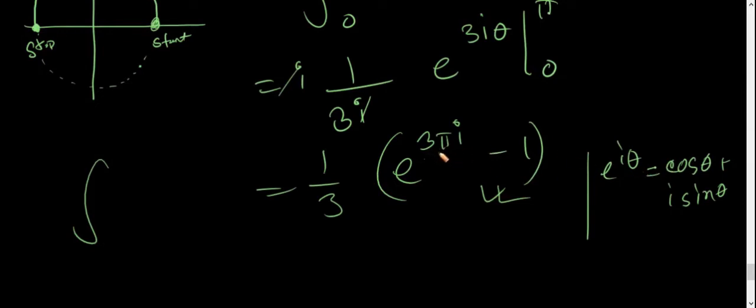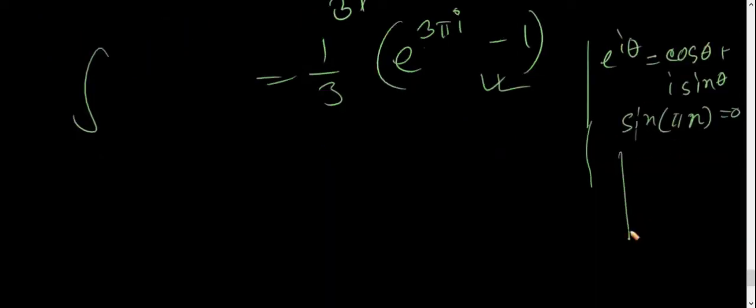Obviously you can see that when this 3 pi goes into the sine part, that is sine 3 pi, we know that sine n pi, when n is an integer, is 0. So the cosine is again either plus or minus 1. So if you don't want to use a calculator, you can just draw the cosine curve. This is 1 pi, this is another pi, this is another pi.